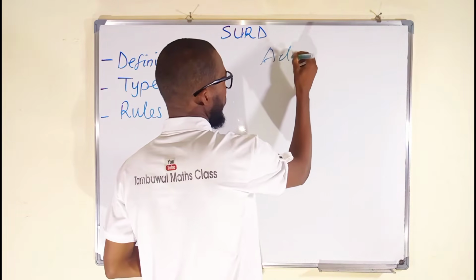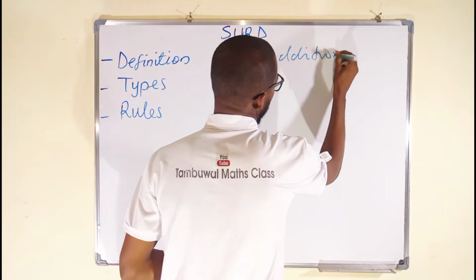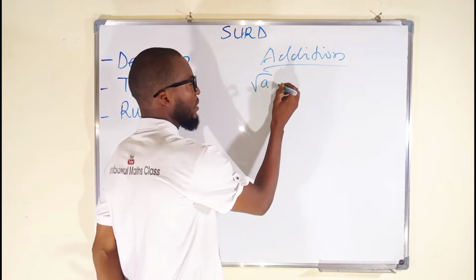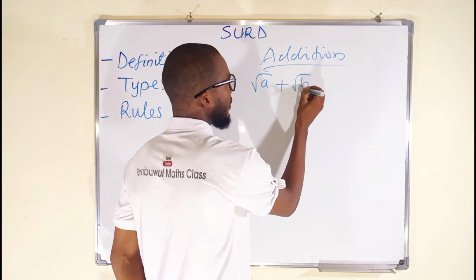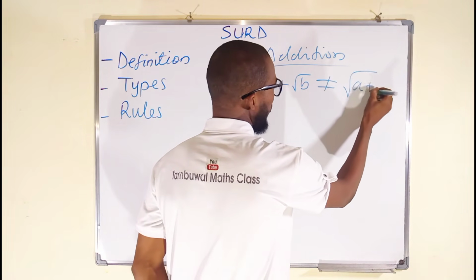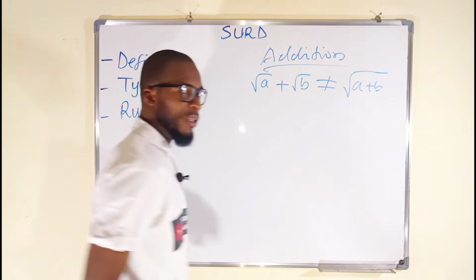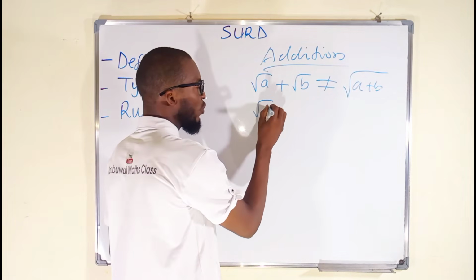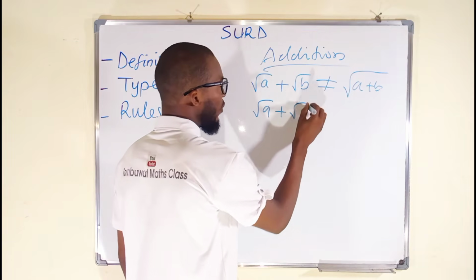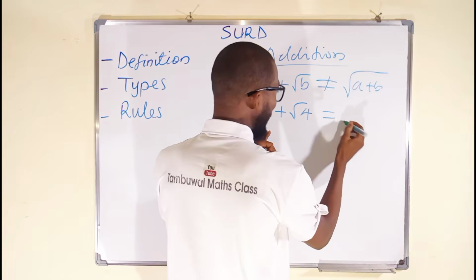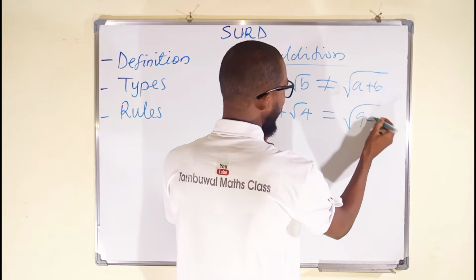For addition, suppose you have root A plus root B. This is never equal to root of A plus B. Please do not join them together. They cannot be joined, because suppose we have square root of 9 plus square root of 4. Let me show you. Suppose they are the same: square root of 9 plus 4.